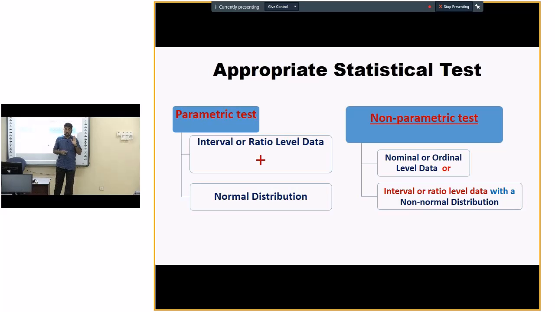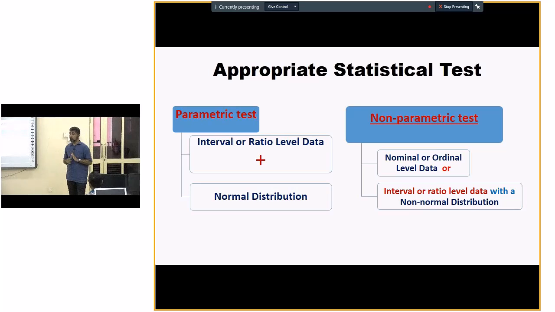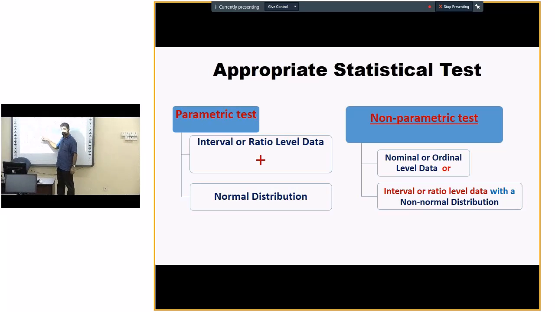but we are not 100% sure that we can apply a parametric test to each and every interval or ratio level data. Again we have to think about the parametric assumption. One is the distribution. If we have interval or ratio scale data and it also follows a normal distribution, then we can go for the parametric test.